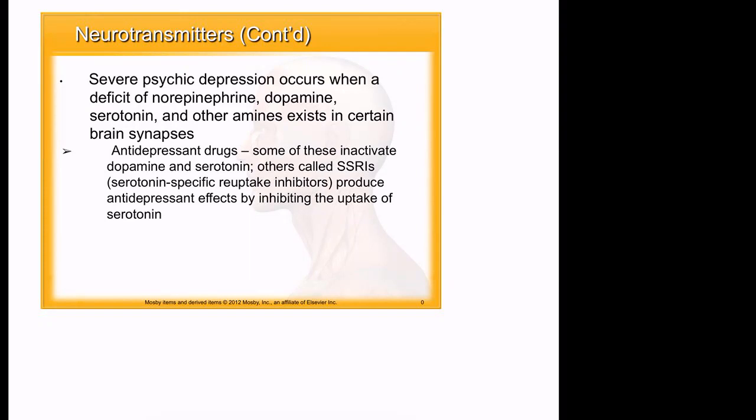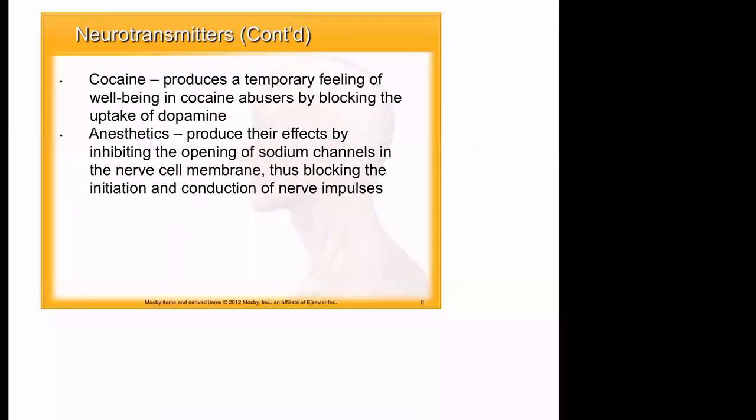We're inhibiting, we're blocking the recycler, so he's not taking up that serotonin. It stays in that space longer and just binds the heck out of those things. Blocking the uptake of dopamine is something that happens from cocaine. And anesthetics.